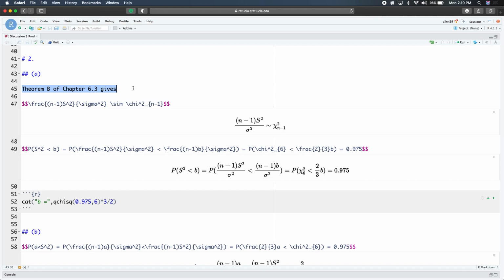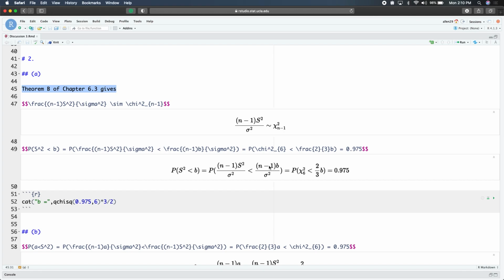With this property in mind, we can rewrite the quantity of interest. We multiply by n-1 and divide by sigma square, applying this transformation on the left-hand side, and then the same transformation on the right-hand side: n-1 multiplied by b over sigma square.